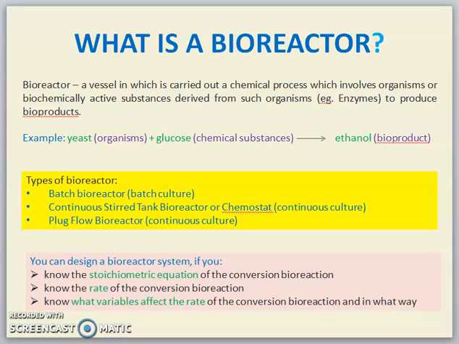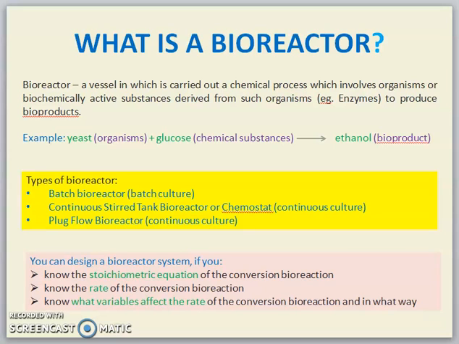We'll start with the bioreactor. So what is a bioreactor? A bioreactor is a vessel in which chemical processes are carried out, specifically biochemical processes, which involve organisms or biochemically active substances such as microbes and enzymes derived from such organisms, in order to produce bioproducts.